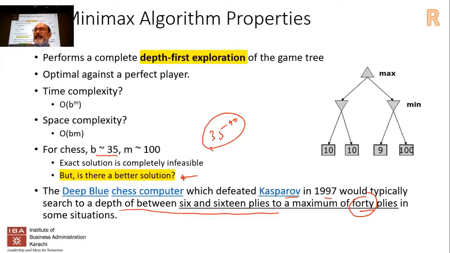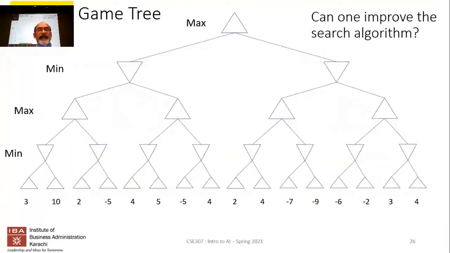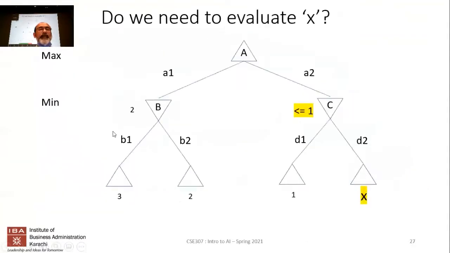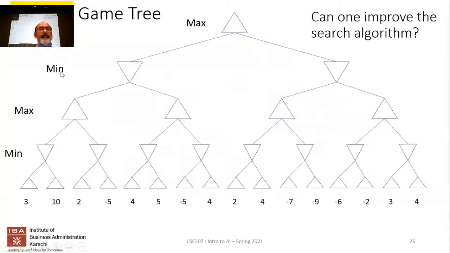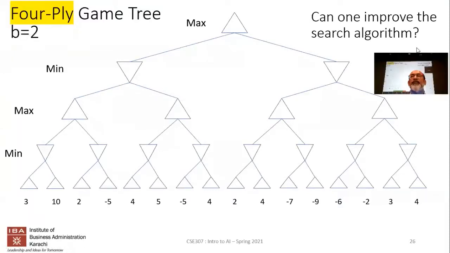Even though the space may not be very large because it's doing depth first, the amount of time could be extremely large. So if you look at this particular example, the question is, can one improve this? If you look at, for example, a 4-ply game, can you improve this algorithm? And can you think of ways that the minimax algorithm could actually be improved?